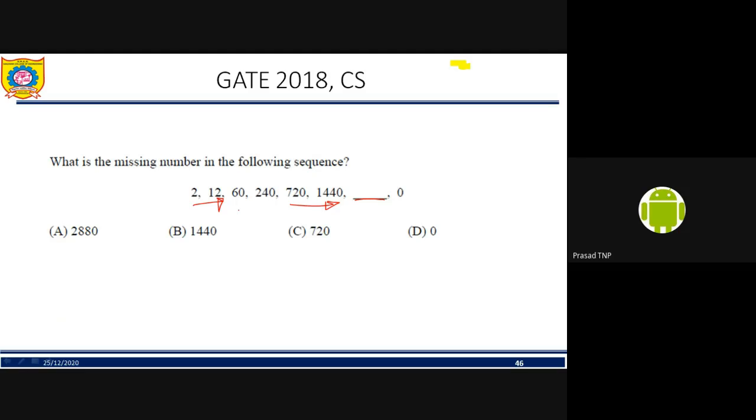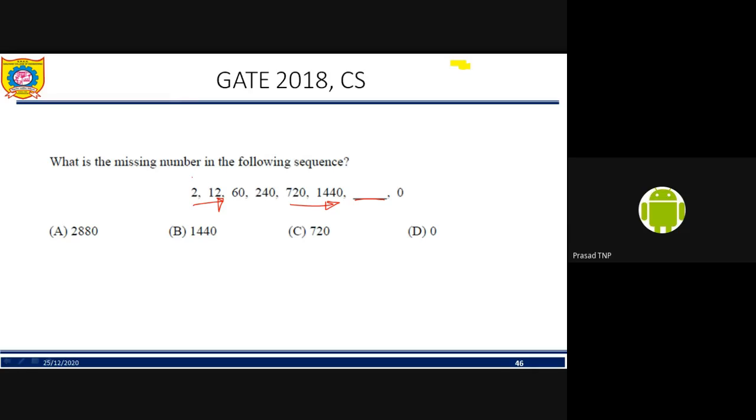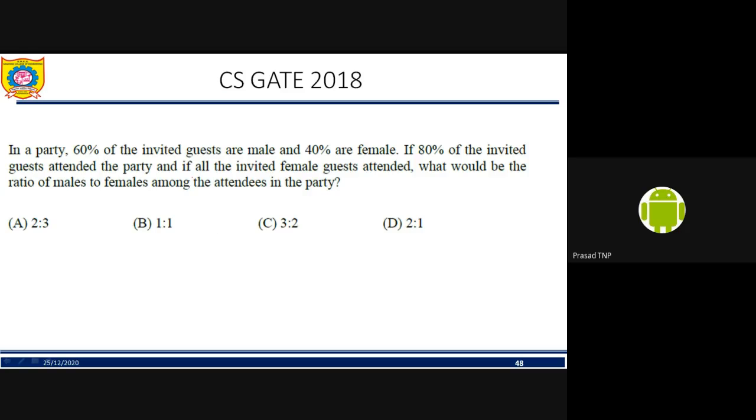The first term is 2, then 12, then 60, then 240, 720, 1440, and the last is the 0 term. Okay, so here I think the solution is not. Yeah, we'll come back to this slide after a few moments. Let us solve the next one.